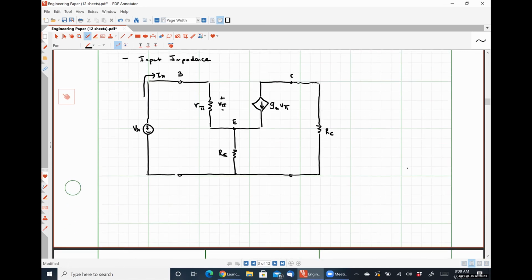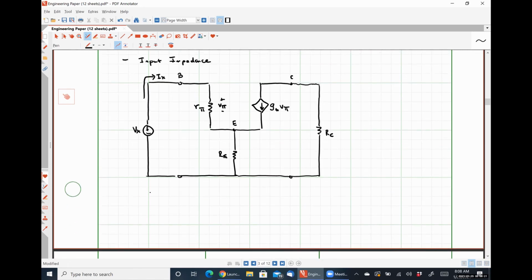So with that in mind, if I apply KVL, I can see that Vx is going to be v_pi, the voltage drop over the resistance r_pi, plus the voltage drop over the resistance RE.